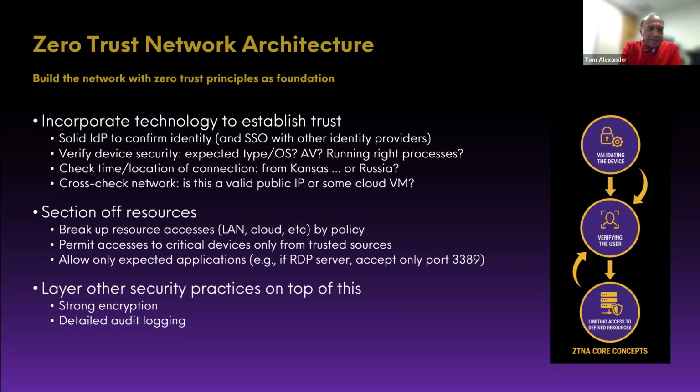And then after that, obviously, there are other good security practices layered on top of that, such as strong encryption and audit logging, so you can do forensics, and you can even feed those into the SIEM so you can be alerted to odd stuff going on.